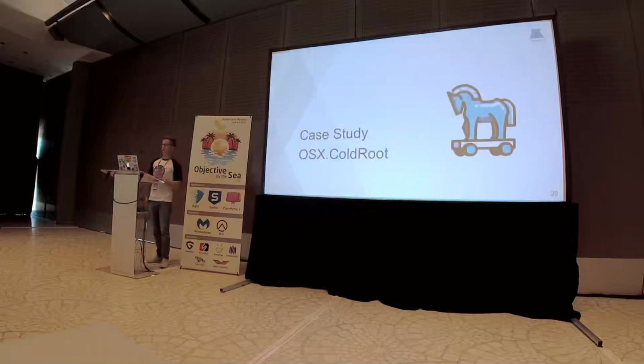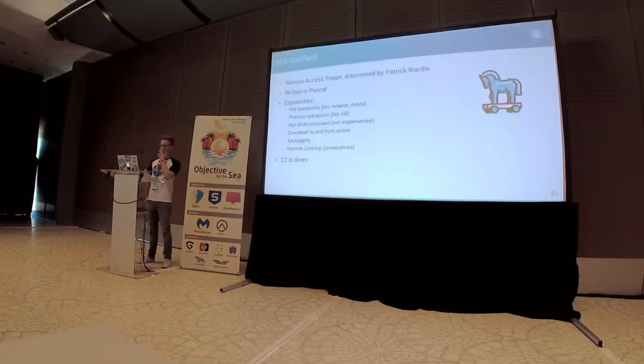Okay, finally, let's have a look at some real-world malware samples. I chose the CodeRoot remote access Trojan for this. It was discovered by Patrick a few years ago, or one year ago, I think. Why I chose it is it's written in Pascal, so it's not that easy to reverse engineer. It's not hard, but it's also not that pleasant.